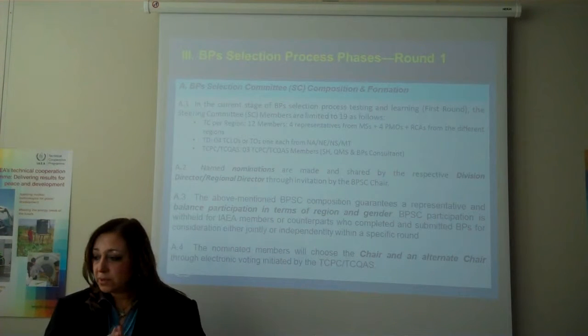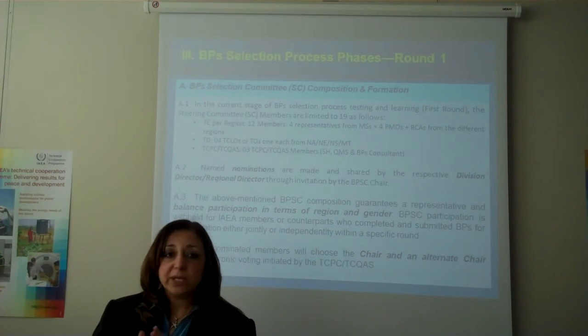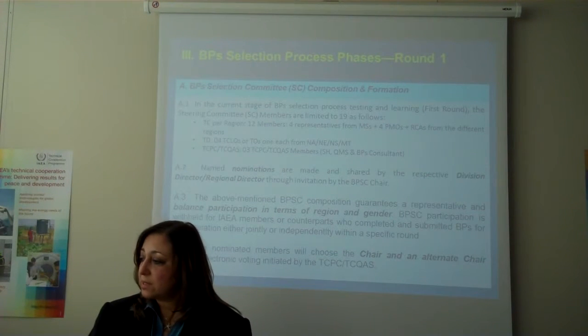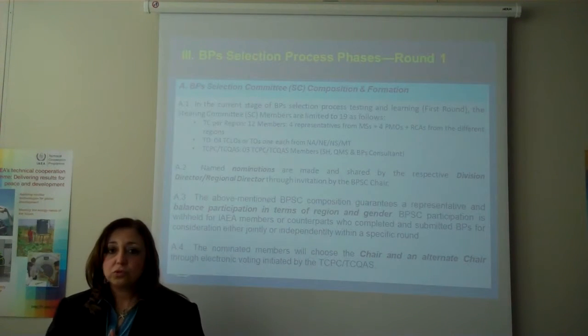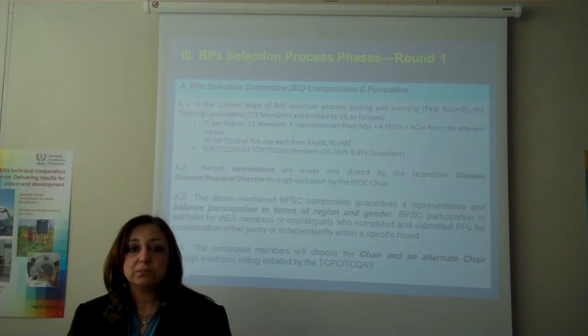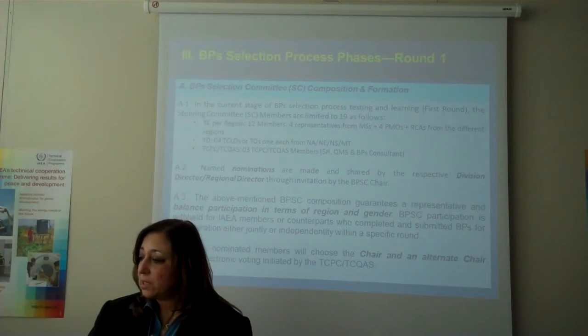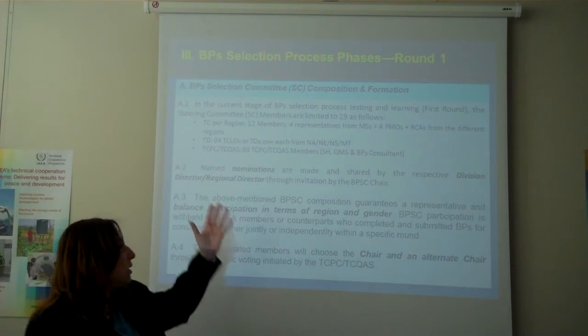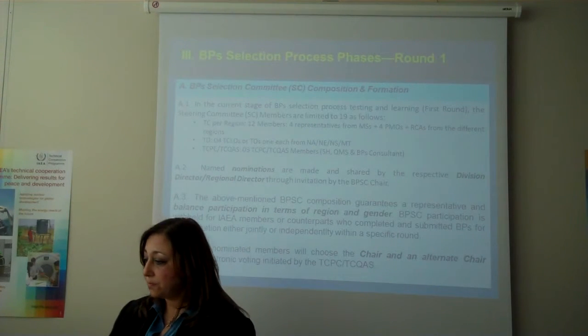The TC per region will nominate members from member states, from PMOs, from regional cooperation agreements, and all in all from TC there will be 12 members as you see in the presentation.